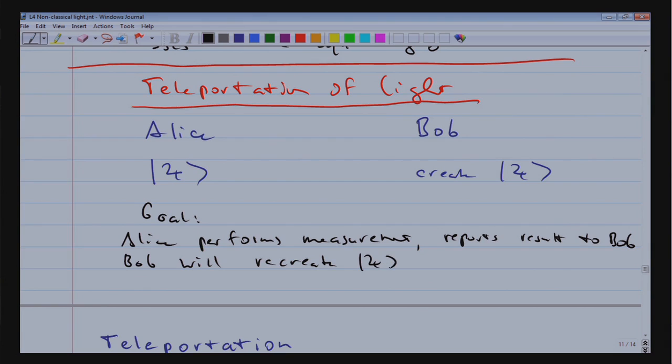What I've just said is that to perform a single measurement is not enough information, so this is not enough. So we need 1 more resource.